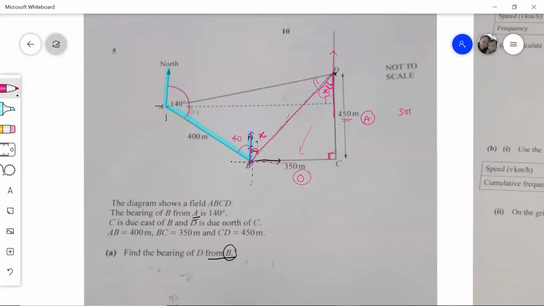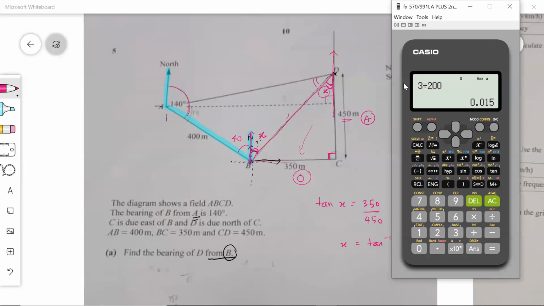We have A, we have O, we just need to find the angle x. According to SOHCAHTOA, the one that involves O and A is tangent. That means tan x equals the opposite, which is 350, over the adjacent, which is 450. Therefore, to find x, we just need to find the arctangent of 350 over 450.